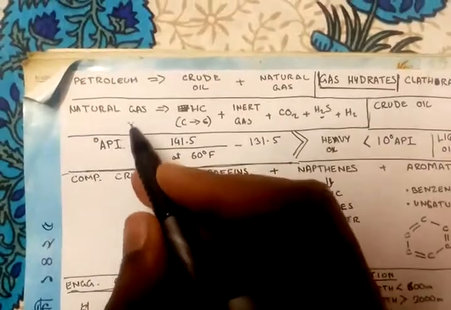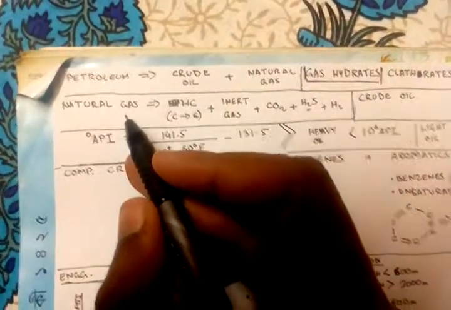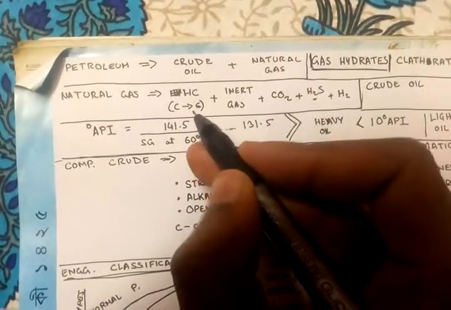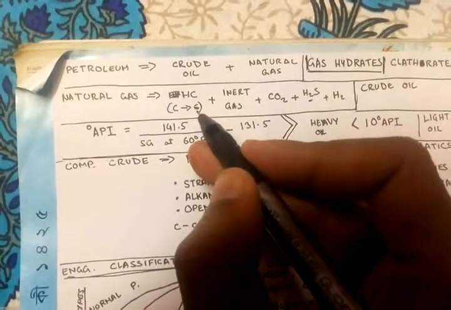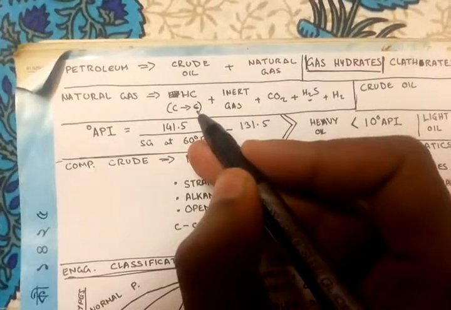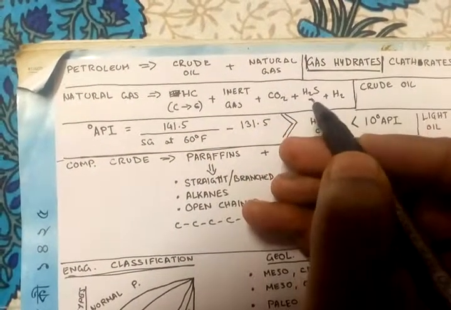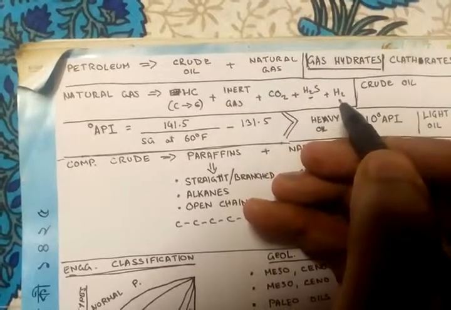So first of all, natural gas. Natural gas consists of hydrocarbons with a maximum of 6 carbons, inert gas, carbon dioxide, H2S, and hydrogen.